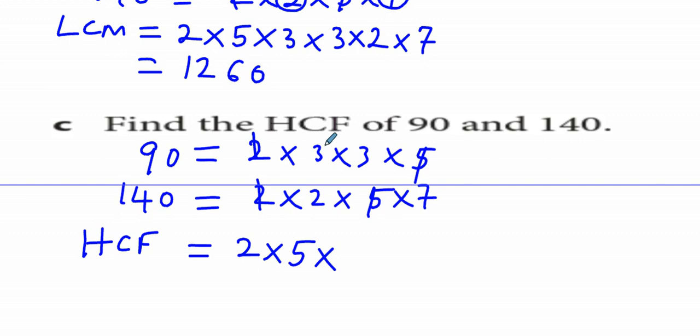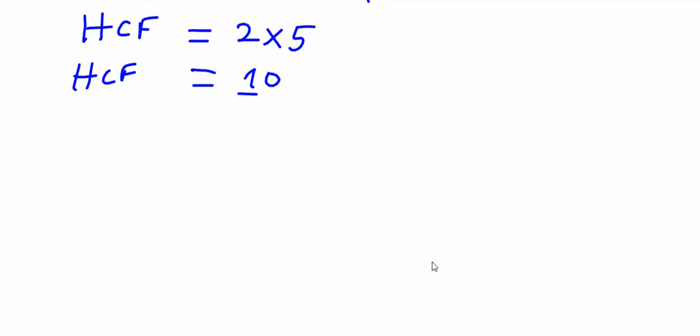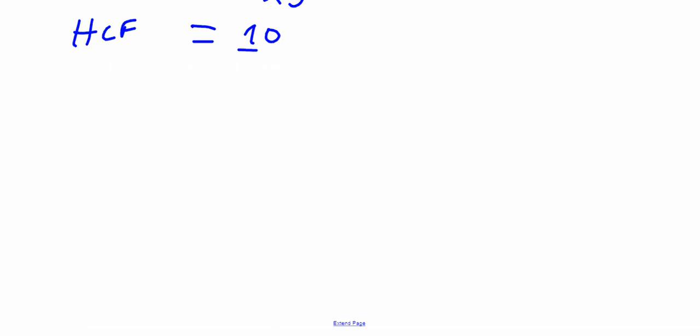No. 7, no. 3, no. 3, no. So you will be simply multiplying 2 by 5. It is 10. This is the HCF of 90 and 140. That marks the end of that page.